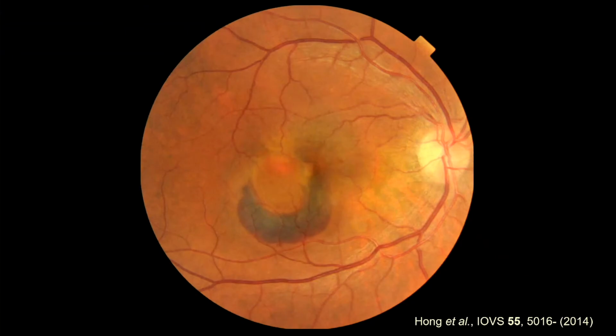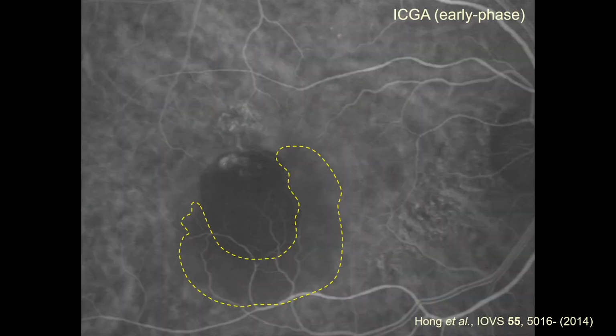Here is a color fundus photo of the patient. We see a huge U-shaped hemorrhage here. Checking this eye using indocyanine green angiography, in its early phase, we again see this U-shaped hemorrhage. But surrounded by this U-shaped hemorrhage, we can see a hypofluorescent region.